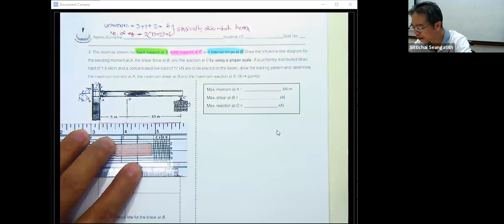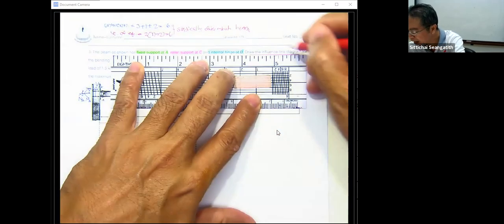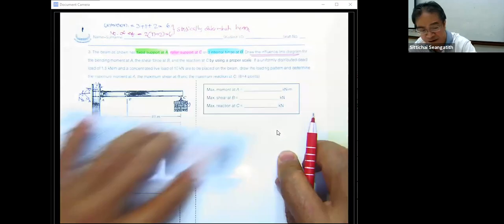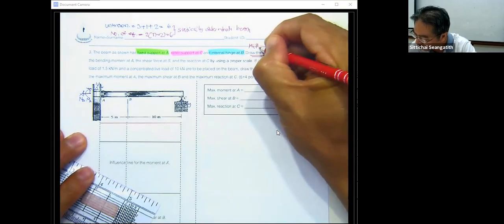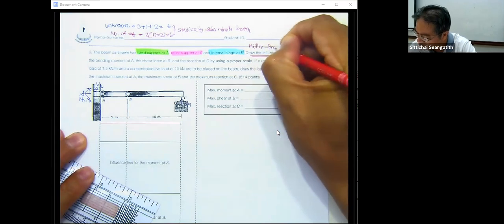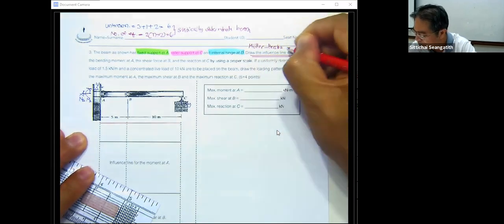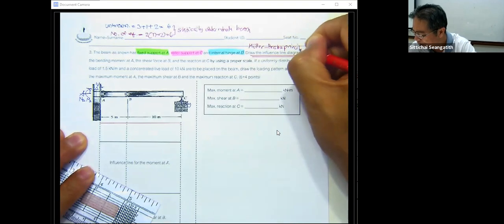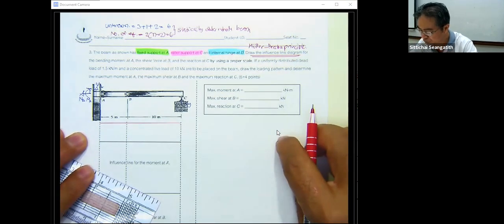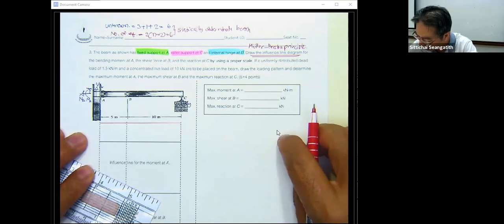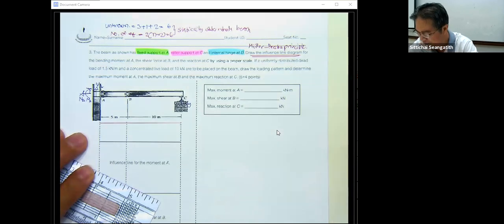We are going to draw the influence line diagram for this kind of complex beam by using the Mueller-Breslau principle. Okay, we will use this again. By doing this, you're going to draw the influence line of A sub y.